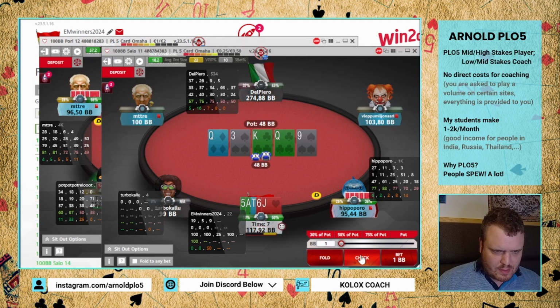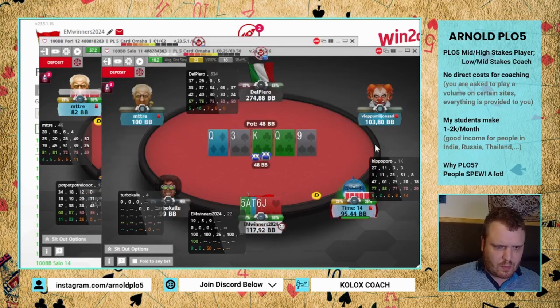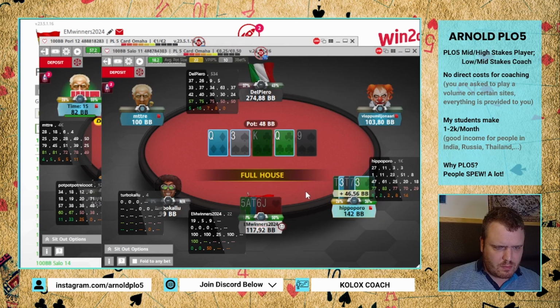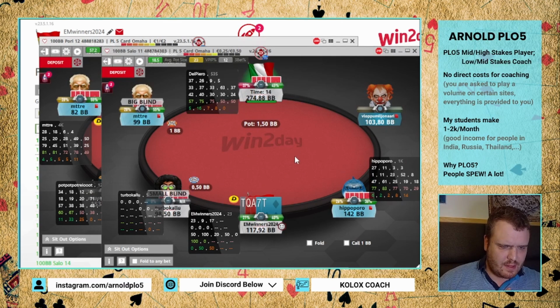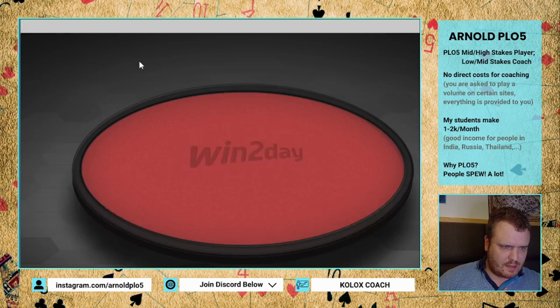And when he puts 1/3 into the middle, I would not fold. But when he puts something like 3/4, okay. Oh, he doesn't even go over the top with threes.